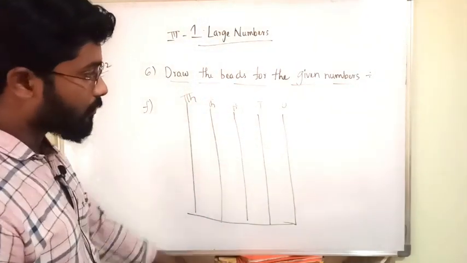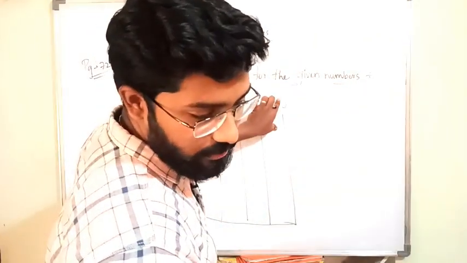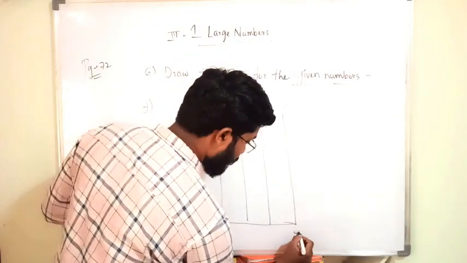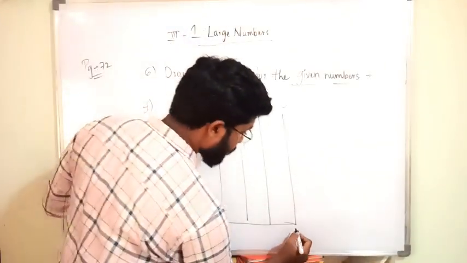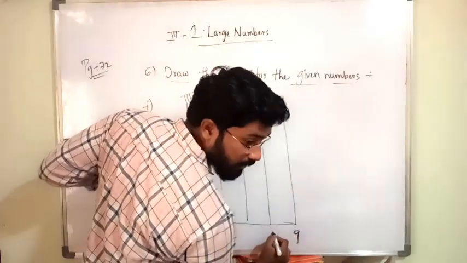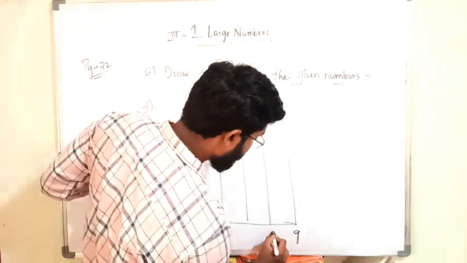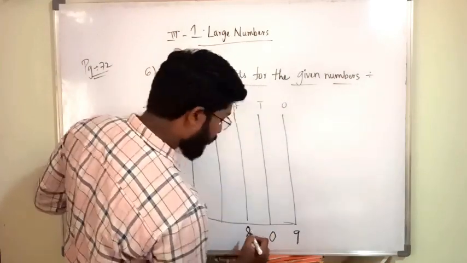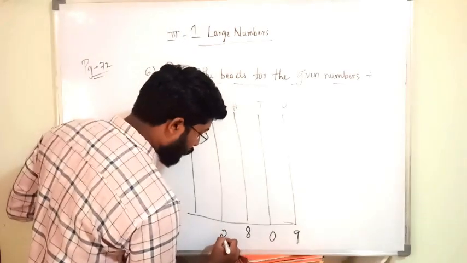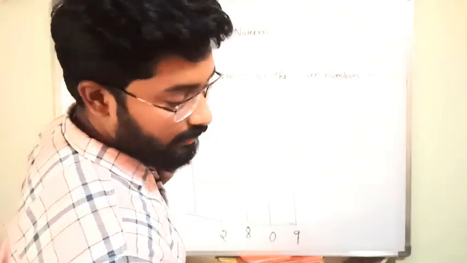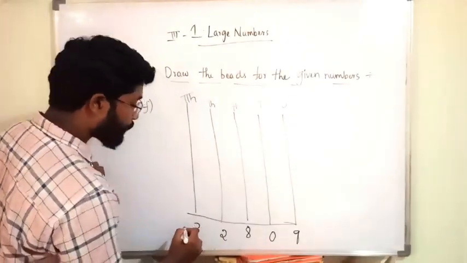Under 1's rod, which number is there? 9. Under 10's rod we are having 0. Under 100's rod we are having 8. Under 1000's rod we are having 2. Under 10,000's rod we are having 3.